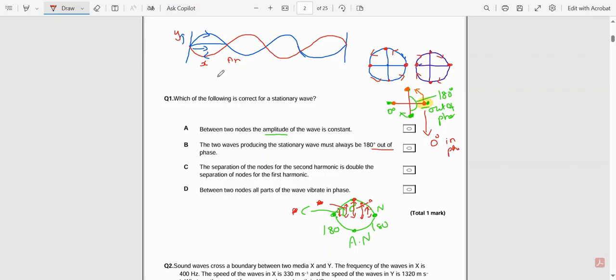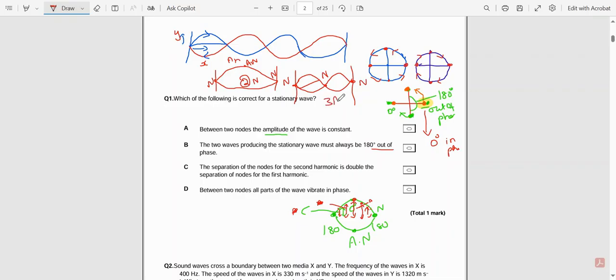I will first draw the first harmonic and the second harmonic. Look at this, the first harmonic will always be like that, and the second harmonic will be like that. Here one node, antinode, and another node, so here there are two nodes.